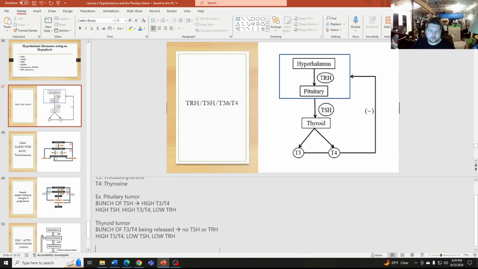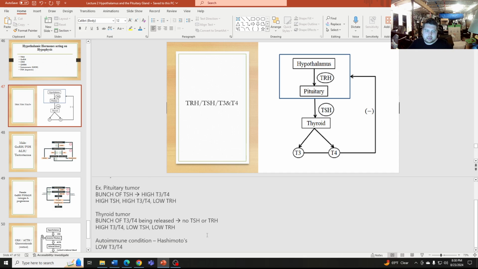But what if we have another condition? Like let's say we have low T3, T4. We have an autoimmune condition, our Hashimoto's thyroiditis, right? We have our body attacking the thyroid gland and breaking it down. So we have low T3, T4, but because we have low T3, T4, the thyroid is the issue.